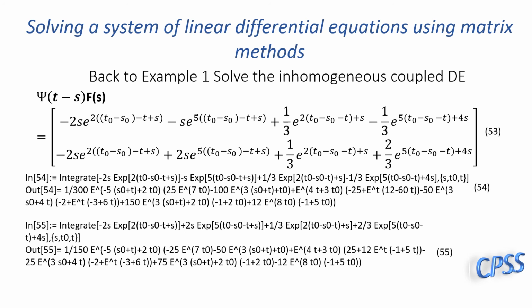Now, what I have in the previous charts is the multiplication of the inverse fundamental matrix as a function of s times the column vector f of s. Those results after integration should not match up with what I have here, because in the previous chart I didn't multiply by the fundamental matrix.